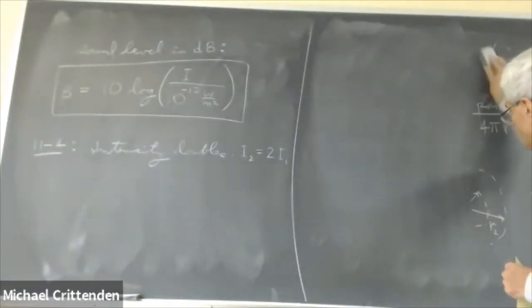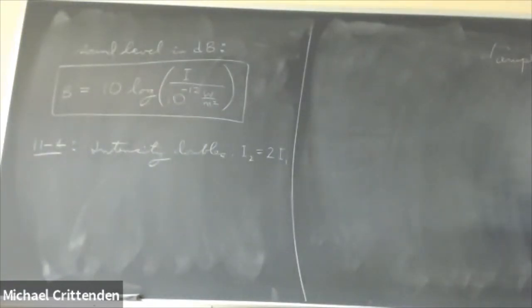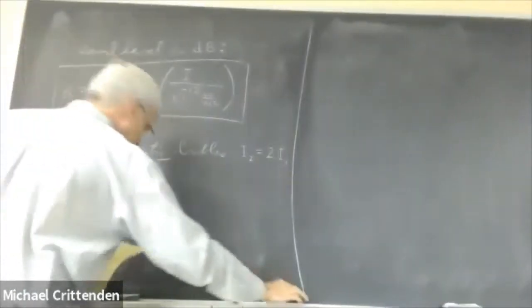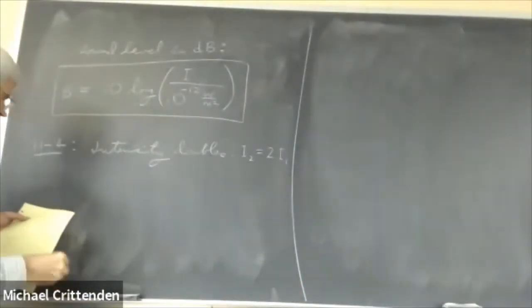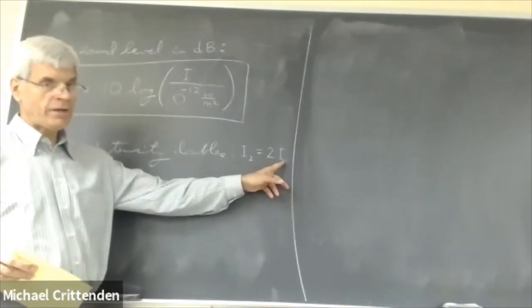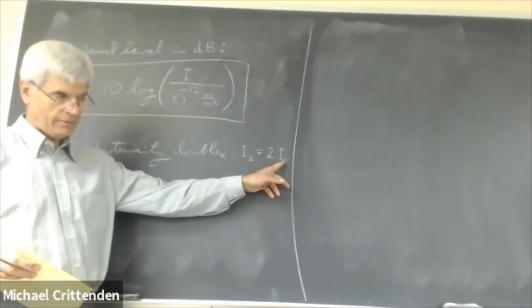The intensity that you get from two sirens will be 2 times the intensity that you get from one siren. So it's the intensity that doubles. So we know that I1 corresponds to 70 decibels.